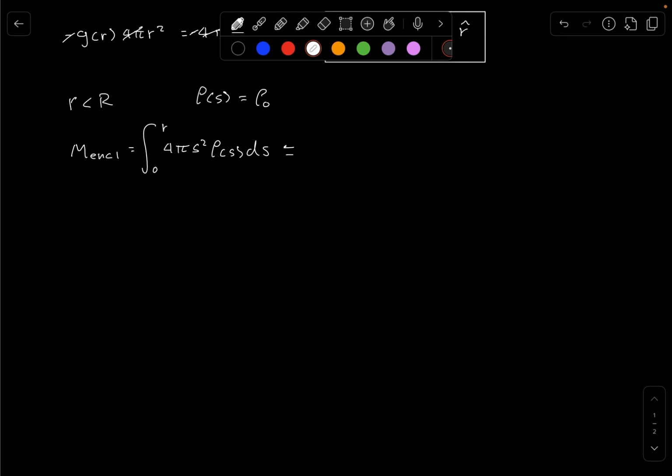So this becomes 4 pi rho naught integral from 0 to r of s squared ds, which is equal to 4/3 pi rho naught r cubed.